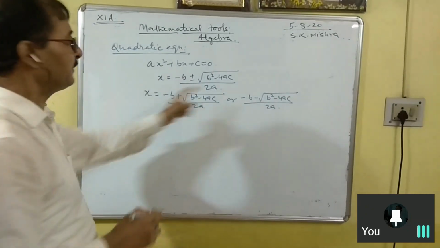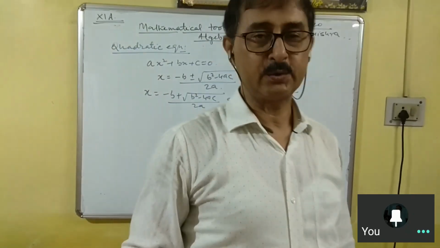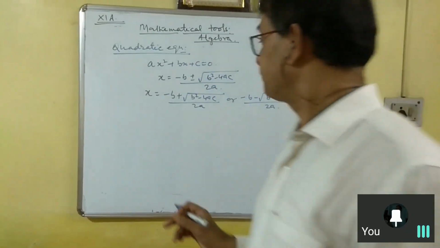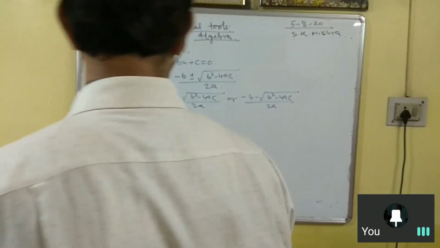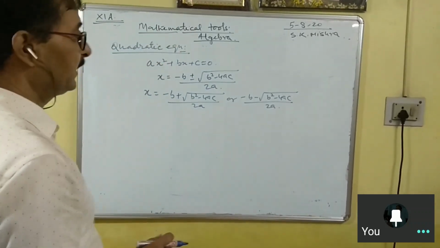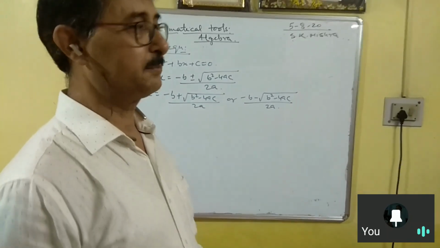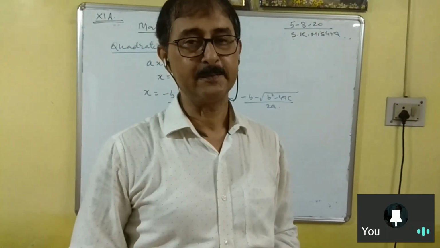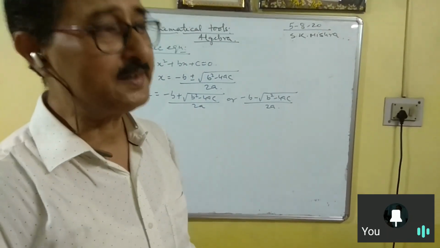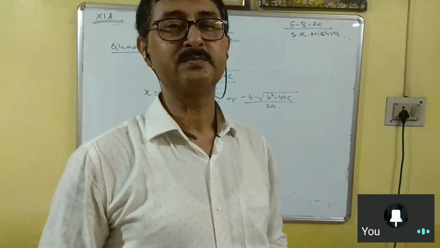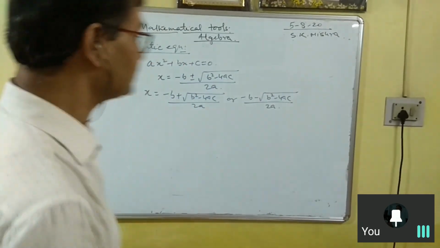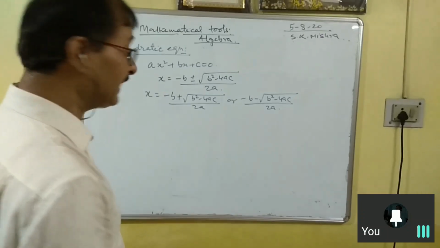Okay, alpha and beta, two real roots. So remember, a quadratic equation will have real roots if this portion, which is actually called the discriminant, b square minus 4ac, has a value greater than or equal to 0. Then only it has real roots. Otherwise, it will have imaginary roots.